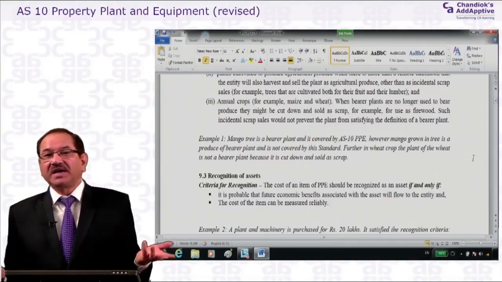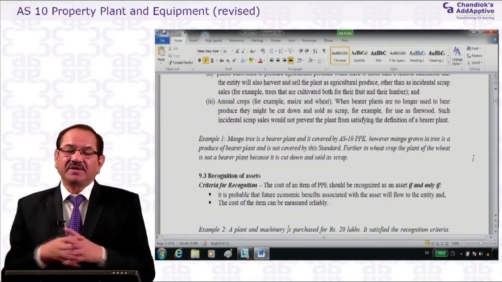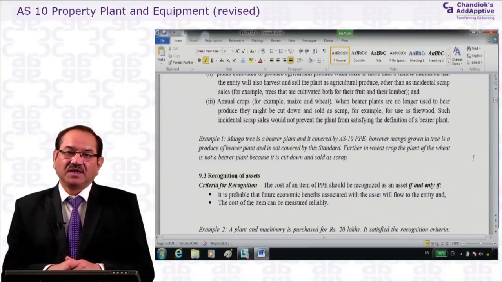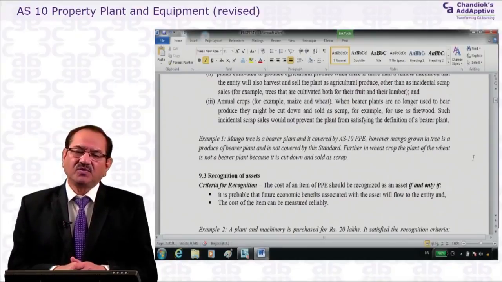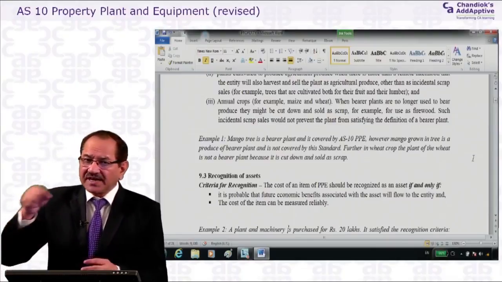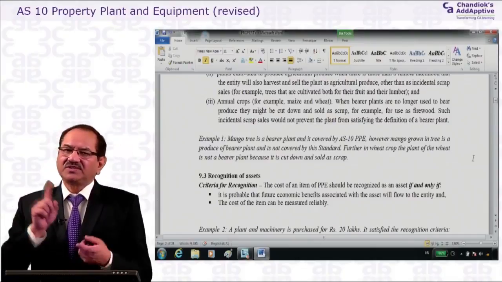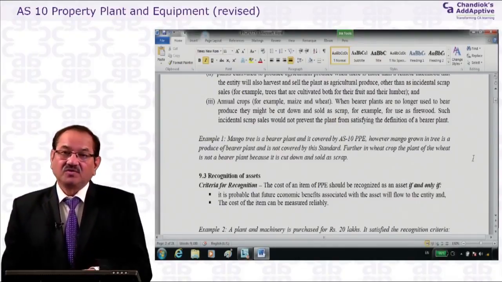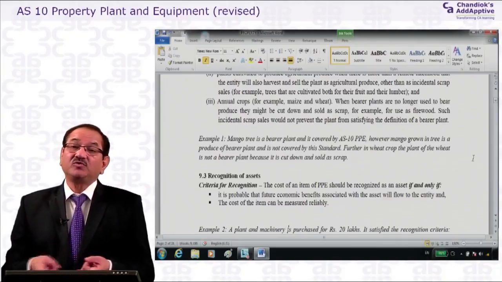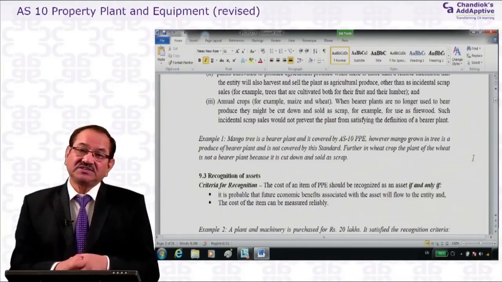You have ordered plant and machinery on 1st January 2016. You make a payment on 30th June 2016 and you took a delivery on 4th April 2016. Now the question is, when should you write that plant and machinery in the books? Whether on 1st January when you ordered it, or when you made a payment, or when you took a delivery on 4th April 2016.